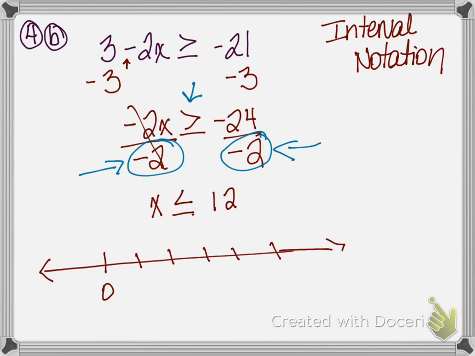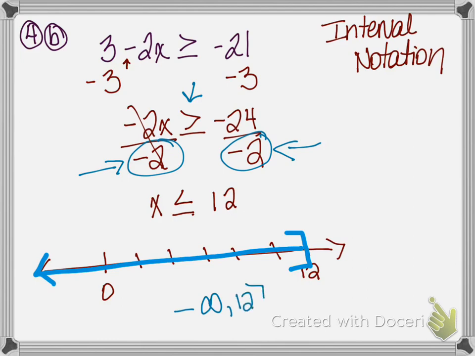Okay, so here is positive 12. I am going to put a bracket because of the or equal to, and I am going to go towards negative infinity. So graphing it really helps you put it correctly into interval notation. So then I have negative infinity to positive 12. Okay?